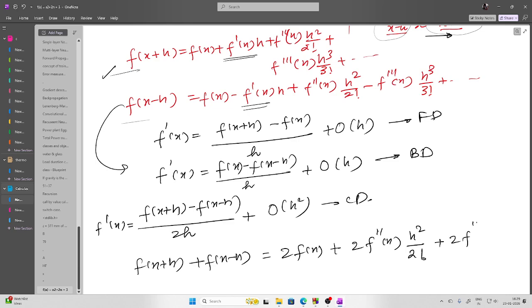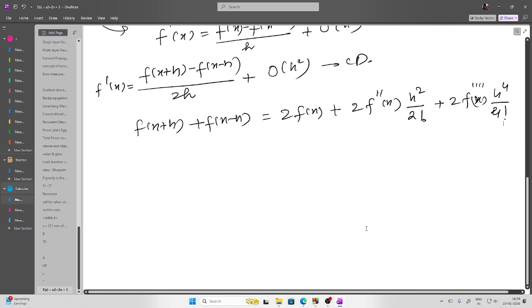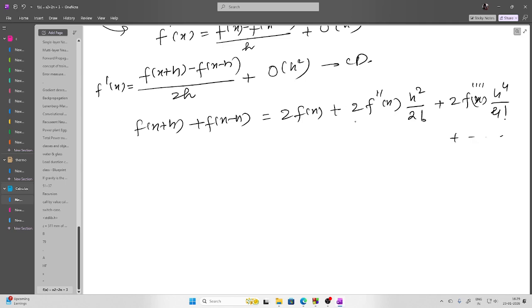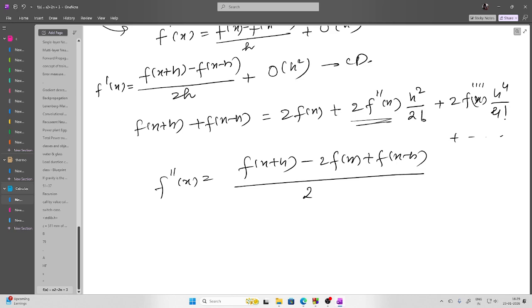So f fourth derivative of x, and then h to the power 4 by 4 factorial. Now other terms will be there, and if you segregate this term, then you will be getting f(x plus h). You bring this to the left hand side, 2f(x), and this term is also there, and this is, sorry, not 2, h square.